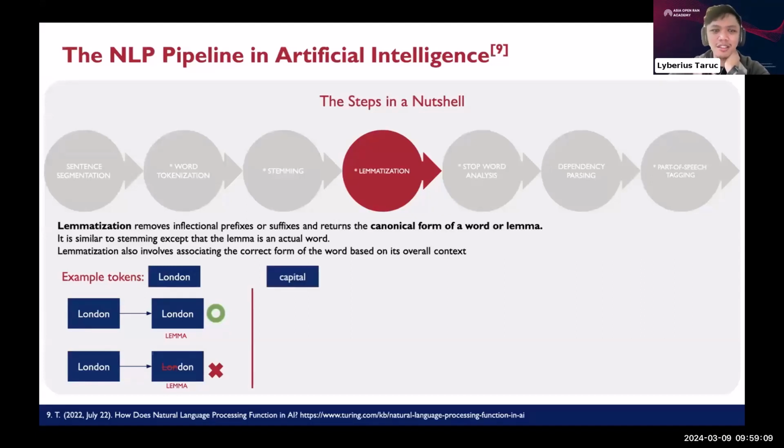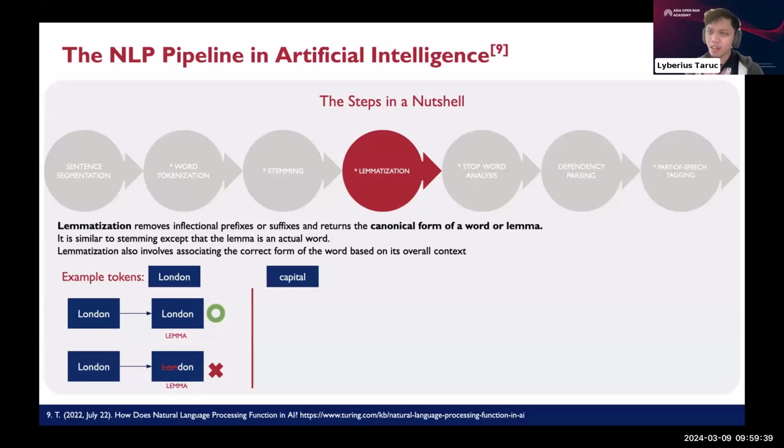Let's take another token, say capital. Lemmatization, take note, doesn't just mean taking out any prefixes or suffixes. It can also mean taking the semantics, or the context of how that word is being used in the sentence. Capital as a word has different definitions; it can be a noun or an adjective.